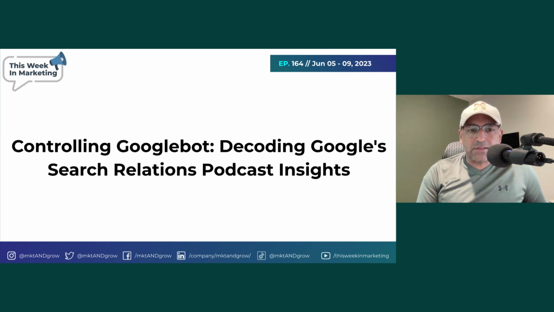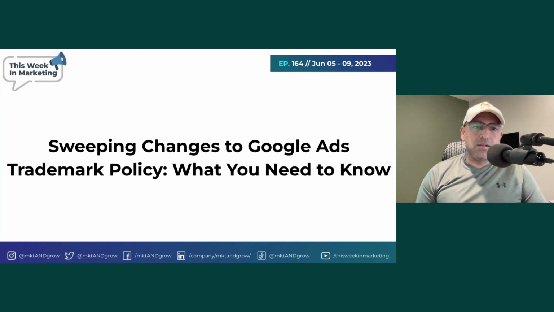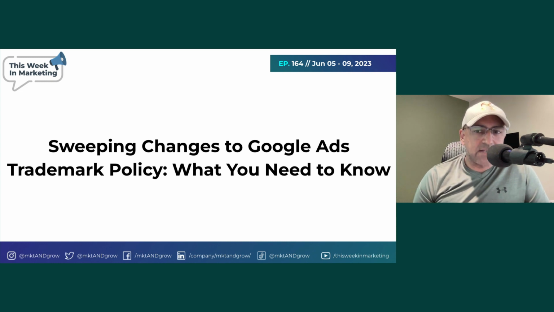Okay. Next up, Google Ads is changing their trademark policy starting July 24th. Google will only entertain trademark complaints that are filed against specific advertisers and their ads. This is a shift away from the current policy where complaints can lead to industry-wide restrictions on using trademark content.